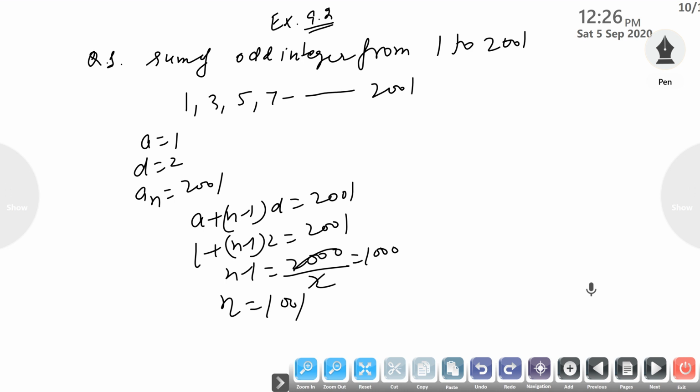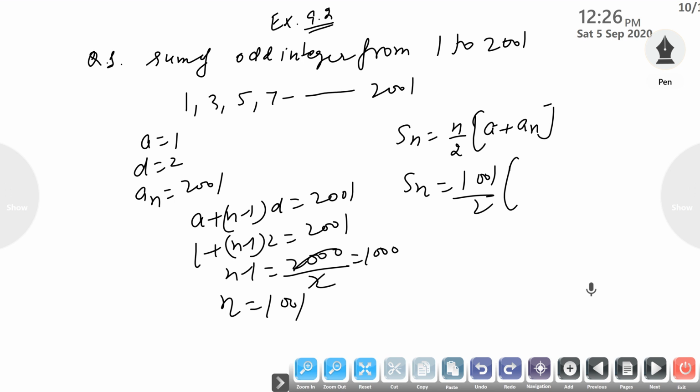So total number of terms in this sequence is 1001, and A is 1 and D is 2. Then Sn is n by 2 into A plus An, that is Sn equal to 1001 upon 2.